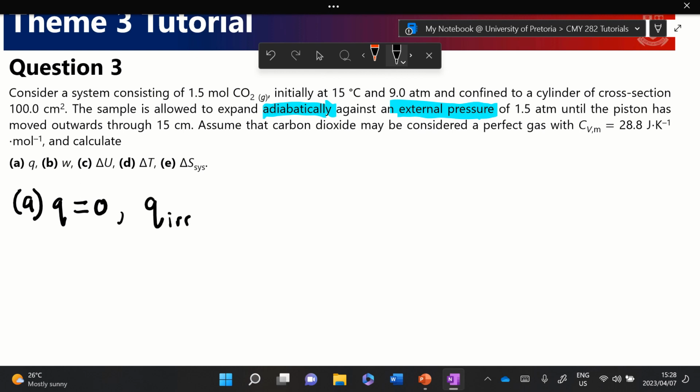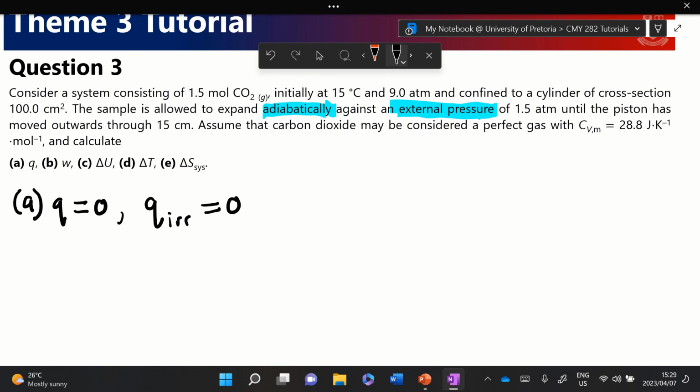So it's Q irr. Not that you have to write that, but this is just for you to start associating these terms with these types of processes, because this becomes important later on when we calculate these kinds of properties.